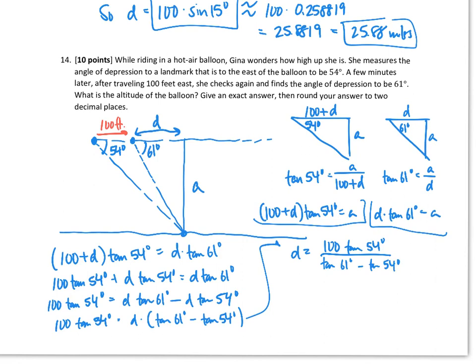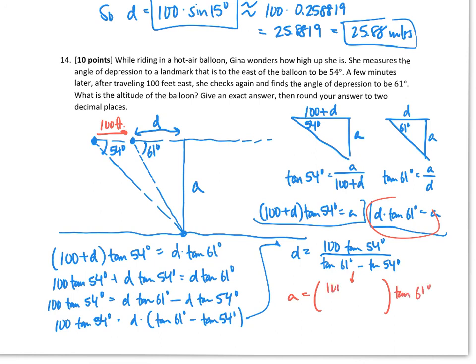So what's A then? A is what we really want, right? D, I guess that's nice that we figured that out, but A is really the thing that we want. So let's use the easier equation. Let's use this equation here to figure out what A is. So A is going to be this whole thing, D, so I'm just going to copy that and paste it, times the tan of 61.